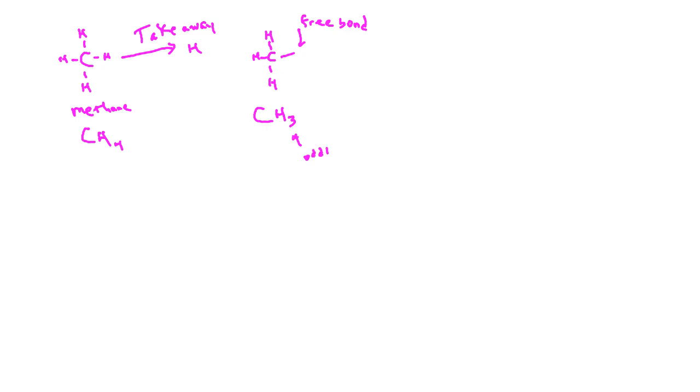And then we played the same game. We did another one. I said, all right, let's look at C2H6. So, H, H, H, H. There we go. So this, remember, is ethane, C2H6. Again, we're going to take away a hydrogen atom.